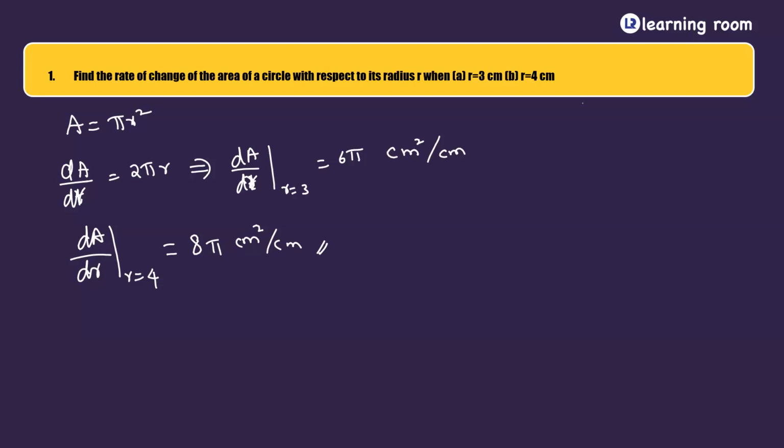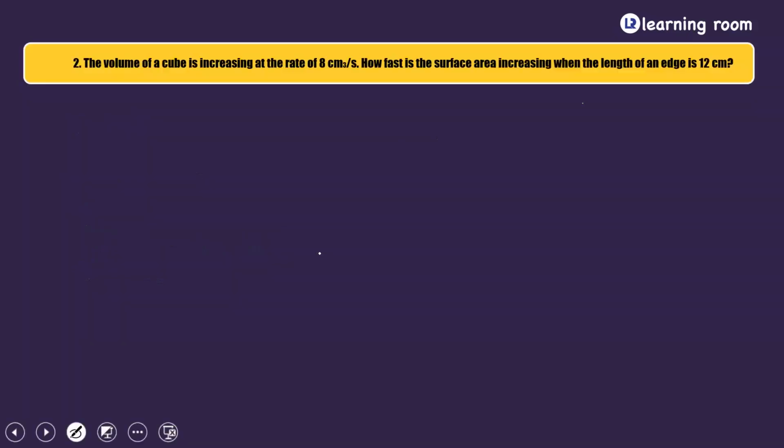Shall I proceed? Second. The volume of a cube is increasing at a rate of 8 centimeter cube per second. How fast is the surface area increasing when the length of an edge is given in centimeters?